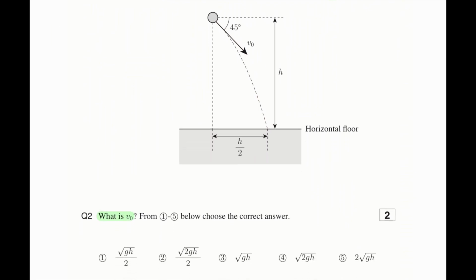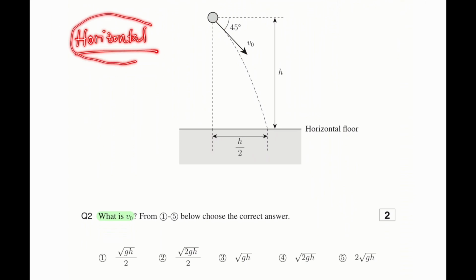For this question, we can say that we have a projectile motion or parabolic motion. For a parabolic or projectile motion, we have to analyze both the x or horizontal and y or vertical axis. For the horizontal axis, there is no acceleration acting on the ball.